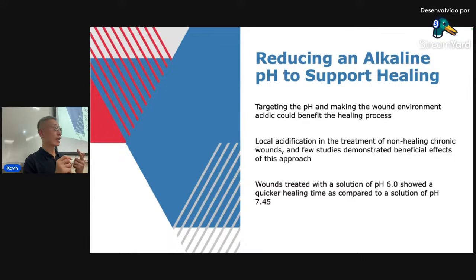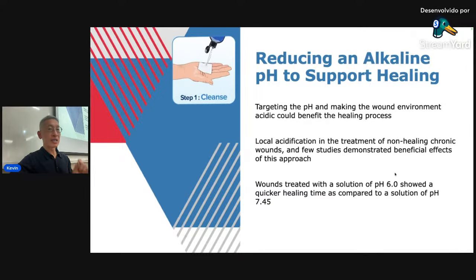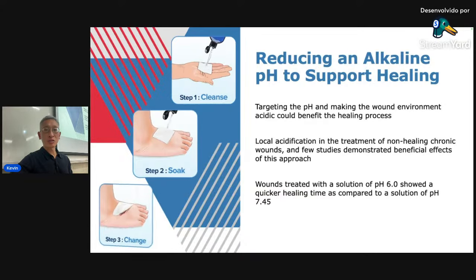We can increase some of the inflammatory responses to promote a better granulation process. So I think it's essential to the wound healing process and also to maintaining skin integrity by keeping the acid mantle.